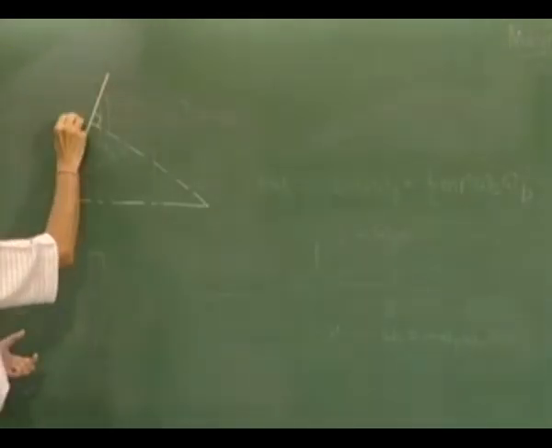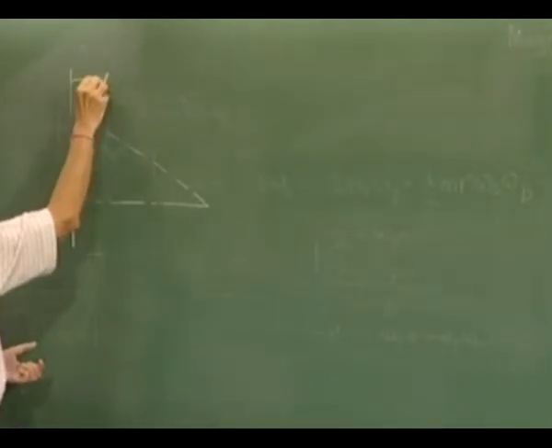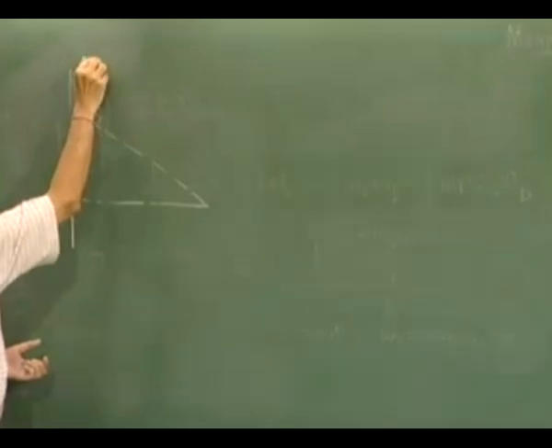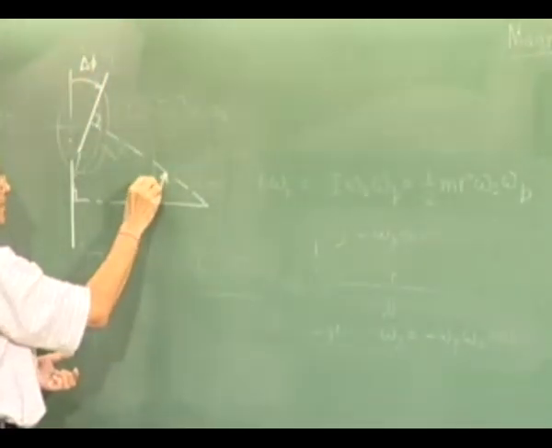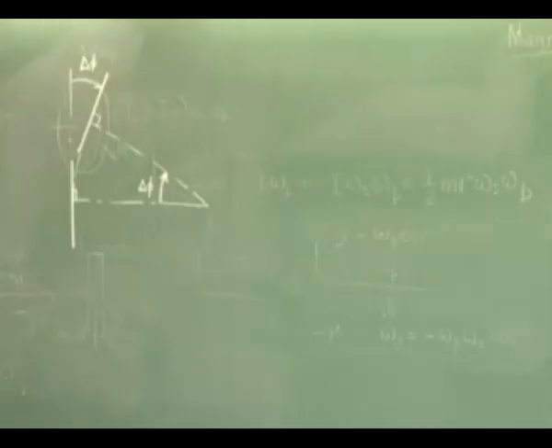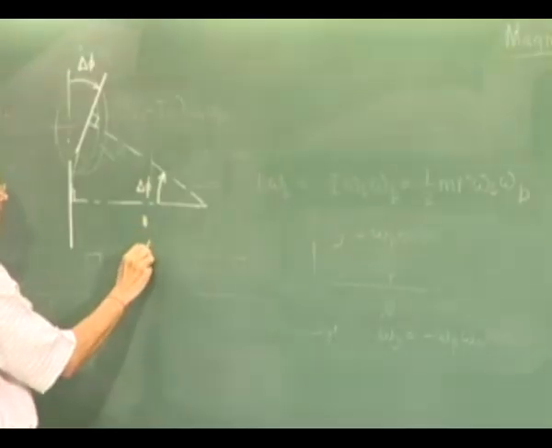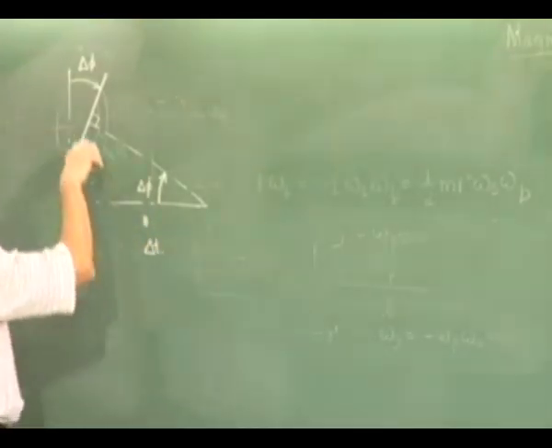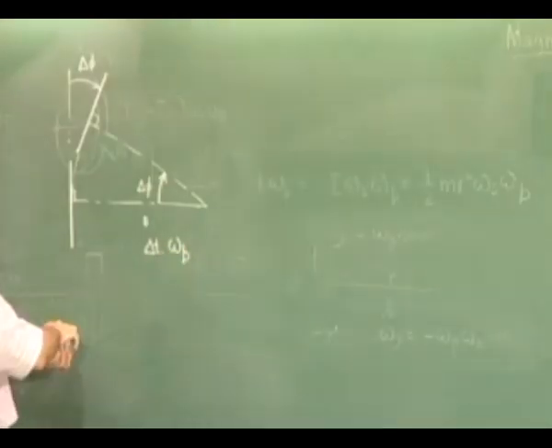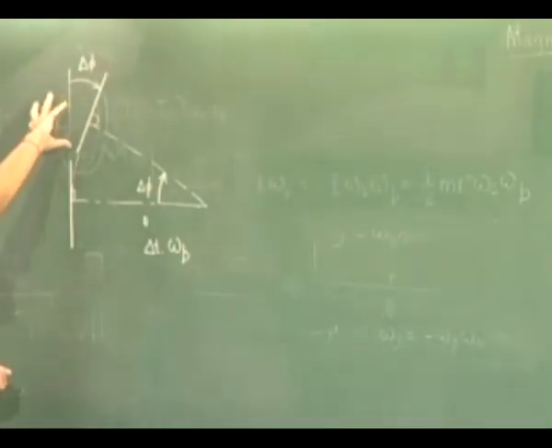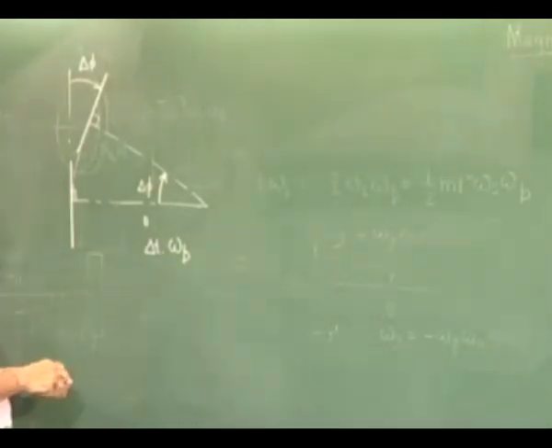So this amount of rotation will be the same as this. Now in time delta t, this will be delta t into omega p, if omega p is the rate at which it is changing its orientation.